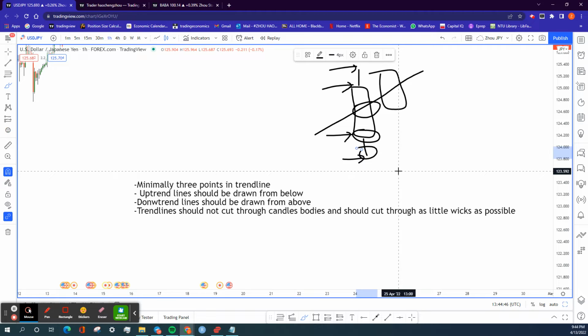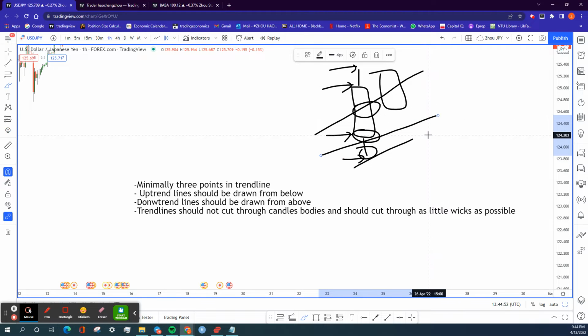There's a debate why some people like to draw it through the wicks. Some people like to draw it through the close. Some people think that the close price is where the price is the most prominent, this is where the so-called lowest or highest price, in inverted commas, is.